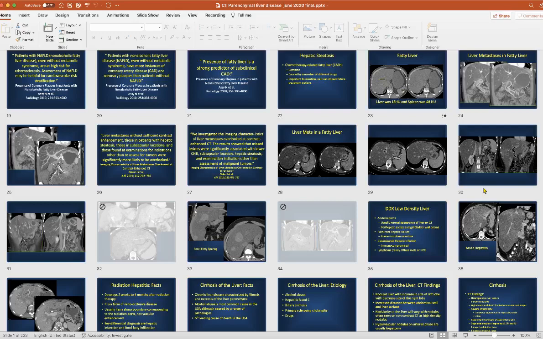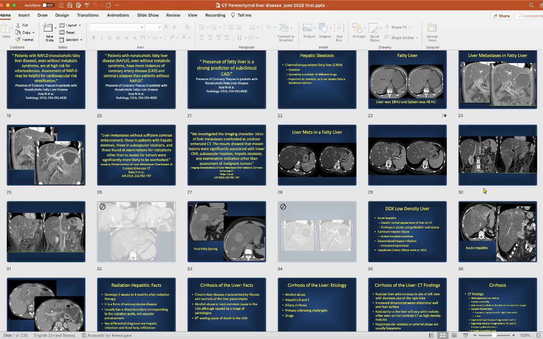Now, I will also say one of the challenges of fatty infiltration of the liver, or parenchymal liver disease in general, is the ability to detect underlying malignancy. I mentioned that in patients with cirrhosis, picking up small hepatomas can be a challenge. Sometimes MR is helpful, but it's also at times a challenge in patients with cancer in general, where you're looking for liver metastasis.